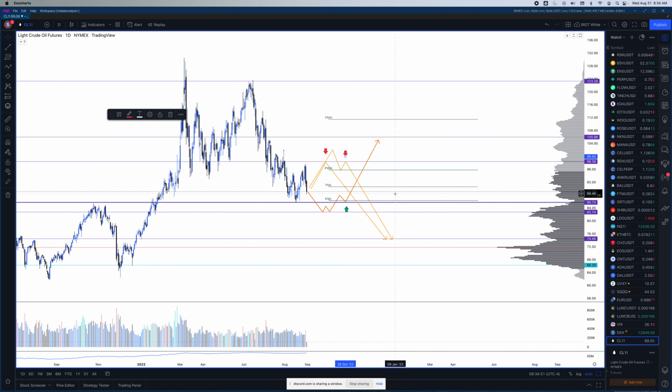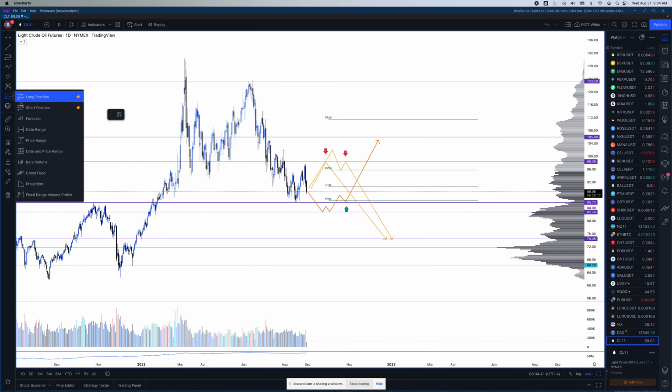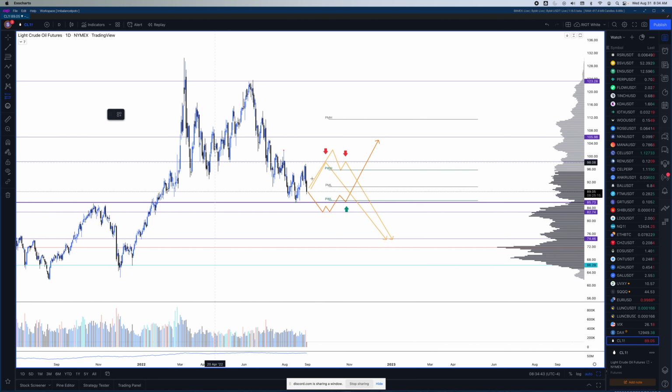Trading anything in between these levels, certainly you can do a scalp, but if you're looking for a legitimate trade, you want something you're going to hold. You're looking at a 23% move.